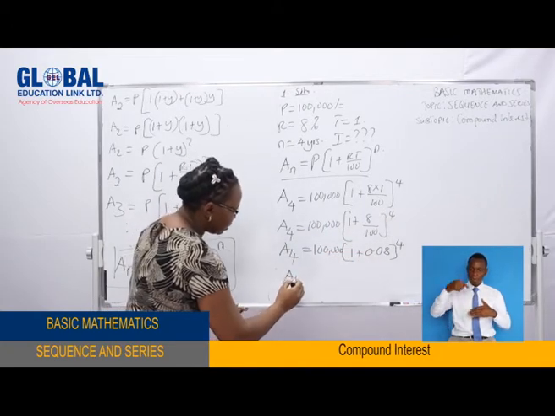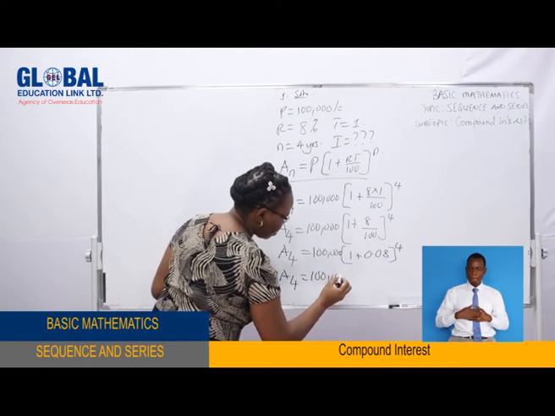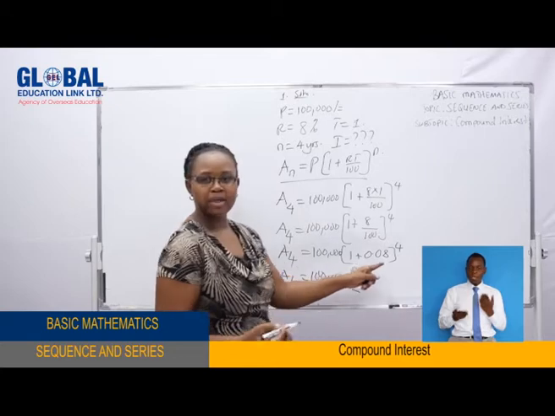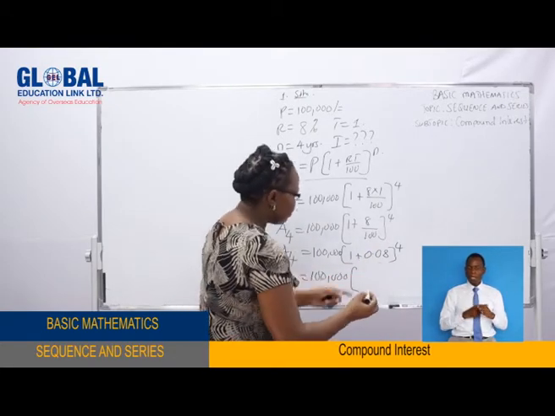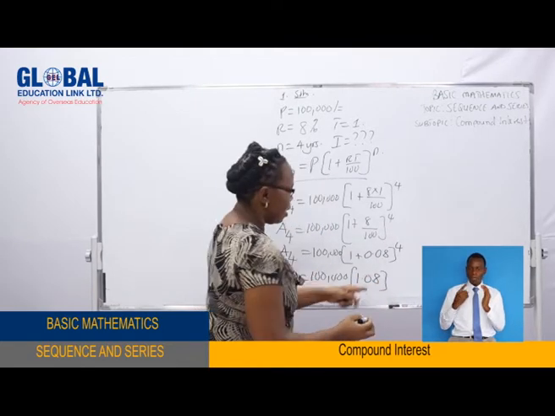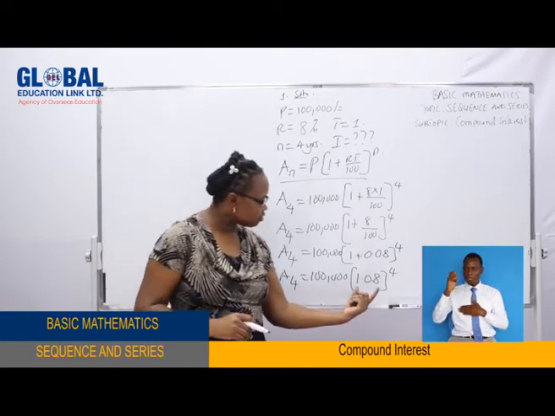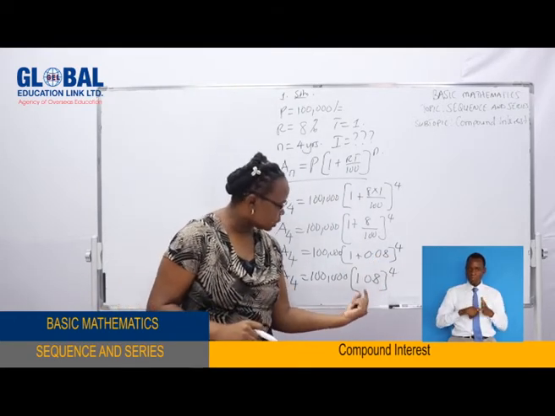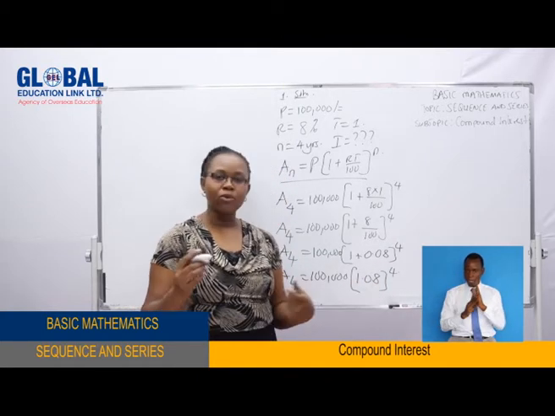So the amount on the 4th year will be 100,000, then inside the bracket, 1 plus 0.08 equals 1.08 power 4.